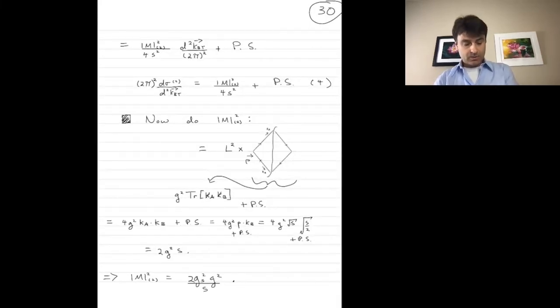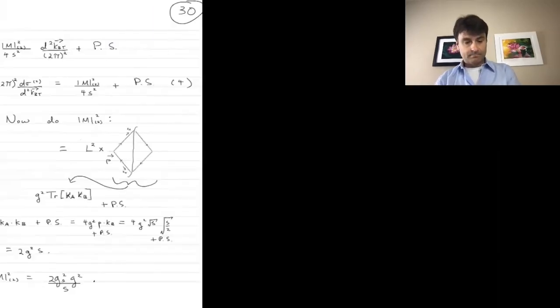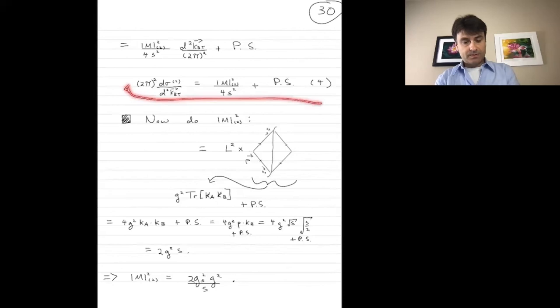So that means that to lowest non-vanishing order, the M squared is like this, and I can plug it in here to get the lowest order cross section, the G squared order cross section. By the way, I labeled this equation 4.